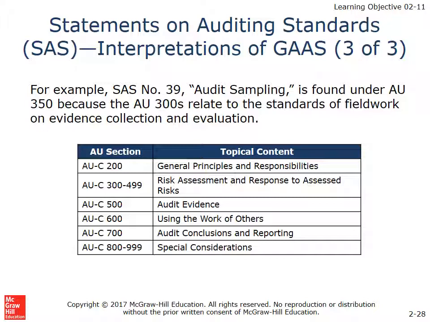We're going to be talking about these items in detail. That's your book. Using the work of others can be found under category 600. Audit conclusions and reporting, 700. There's your guidance. And then special considerations are 800s and 900s. So that's a much nicer codification than 1, 2, 3, 4, 5. But people are used to certain ways, so they left them in both arrangements.